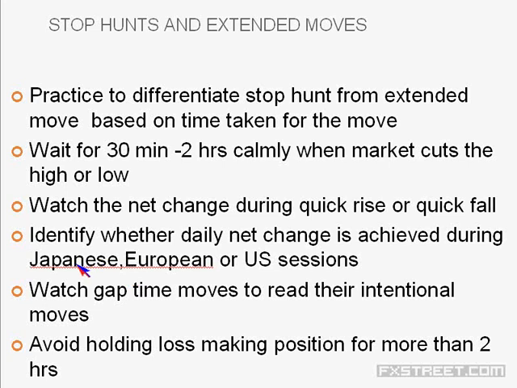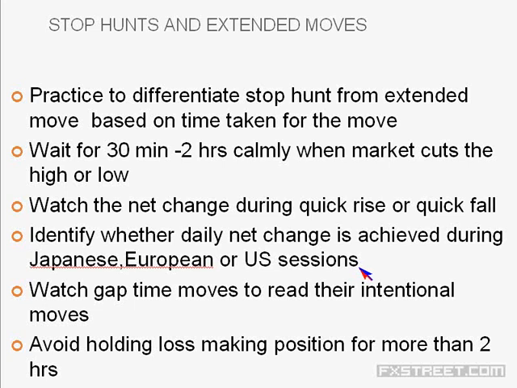So for that you have to identify when exactly during the Japanese, European or US session that sort of extended moves happen. Always keep in mind the extended moves, they do it whenever the volume improves. But today, for example, during the start of the month itself, in the case of GBP, they have made an extended move. Why?